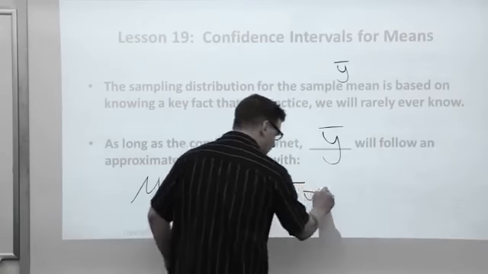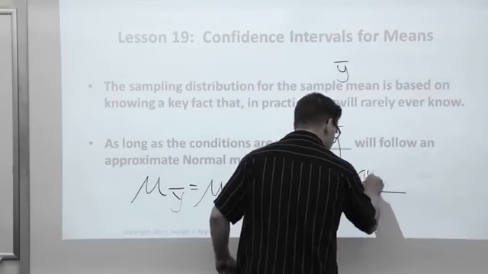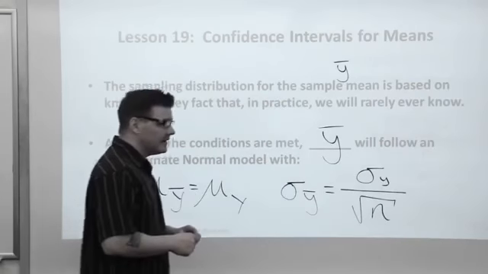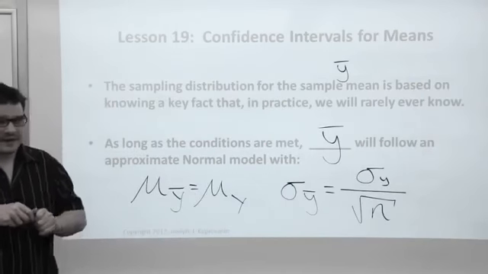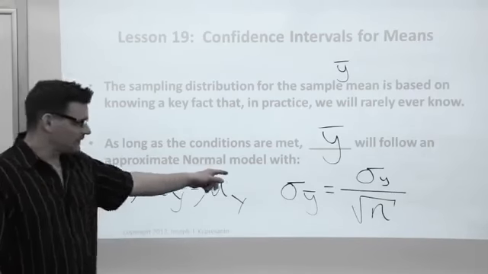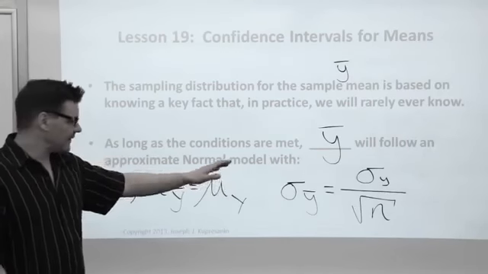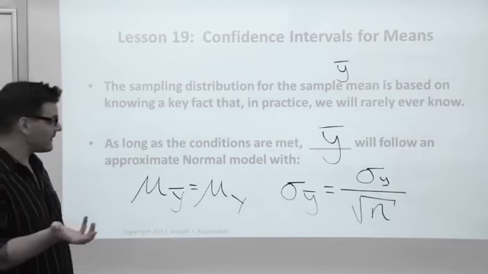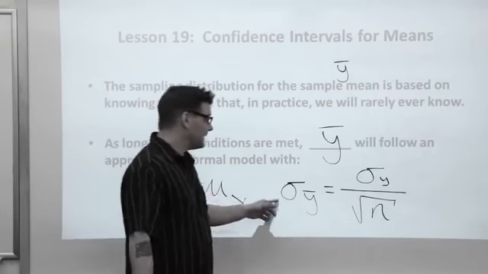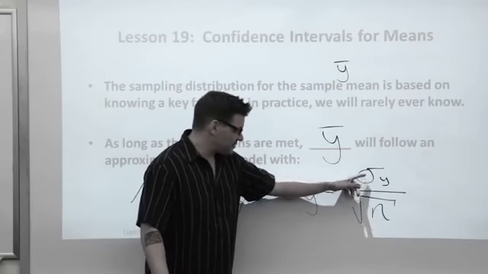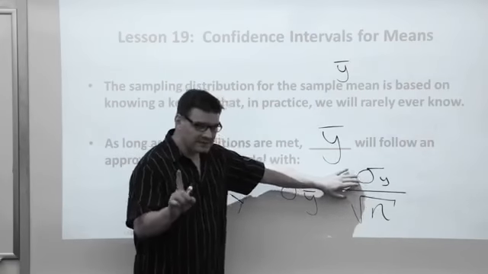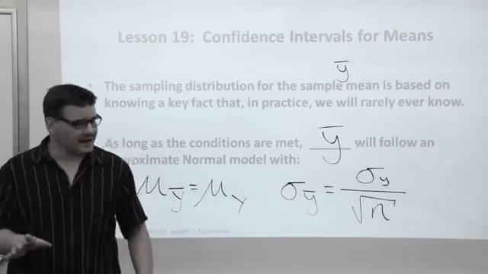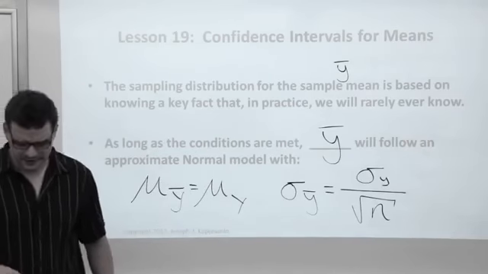Sigma of y bar, you had this formula: sigma of y over square root of n. And my experience tells me this is the number one thing that students forget to do. If we're working with sample means, they forget to divide by root n. They just presume it's the same standard deviation. It's not. I take the original standard deviation for the population, one observation at a time, and I need to divide it by the square root of the sample size. So don't forget that part.